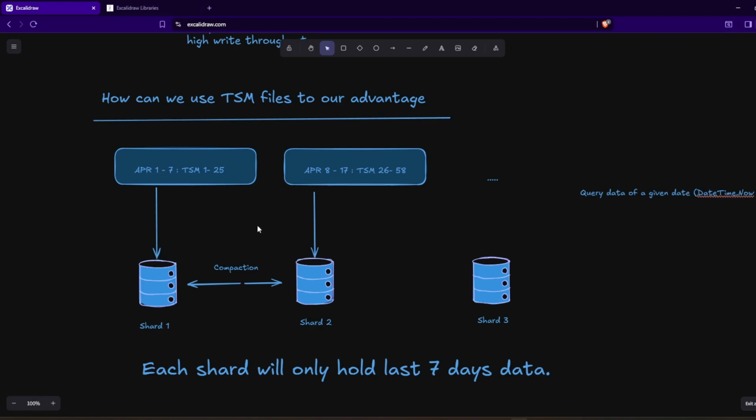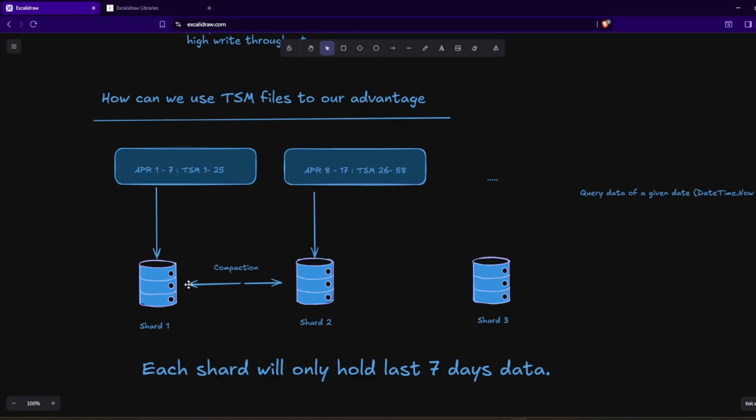In that case, my query with proper routing would know that I need to go to shard X or shard Y or Z, because I have divided all my 7 days of range into the shards. So it makes the query very easy, and also the disk usage is very predictable.